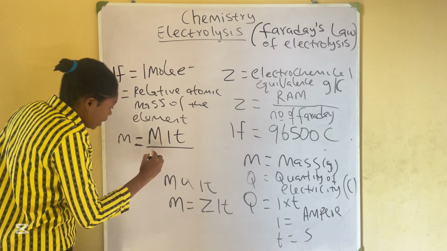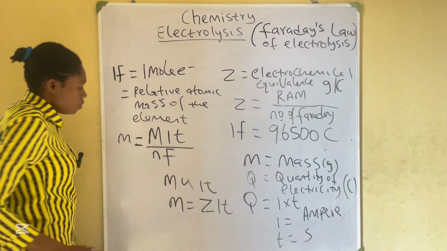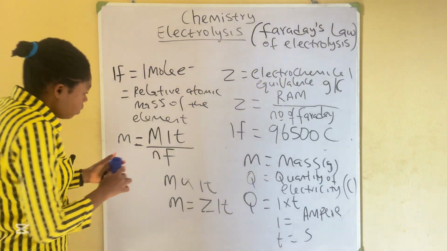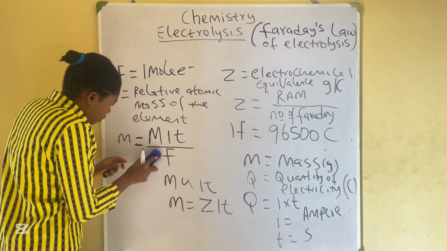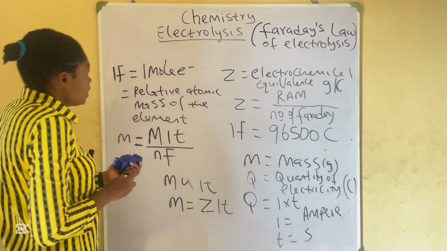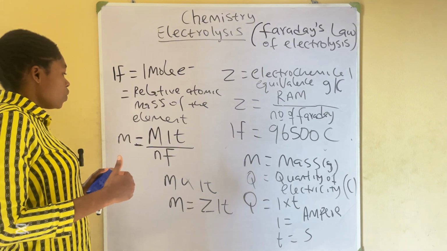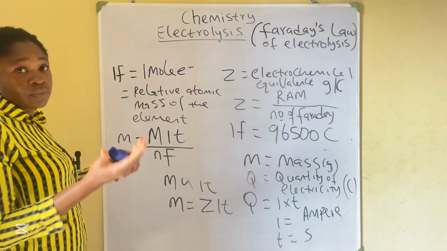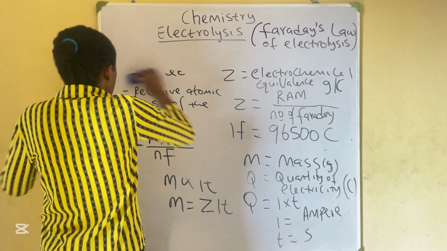I'll use N to designate it. Some textbooks use small letter C, but it is the same thing. So this N is the number of moles of electrons. If it's a trivalent element, it will discharge 3 moles of electrons.